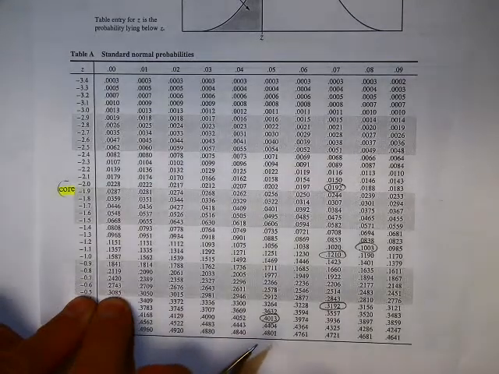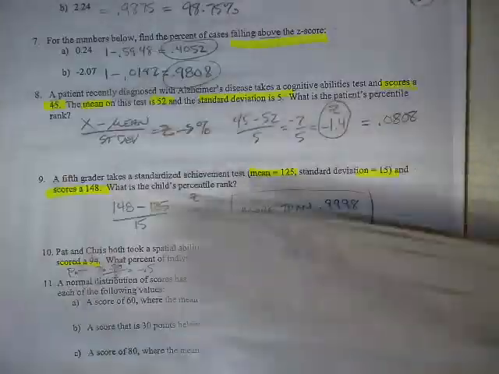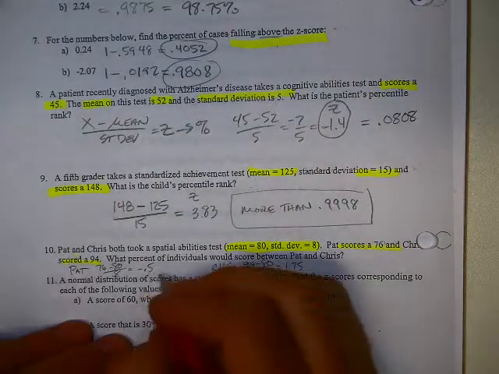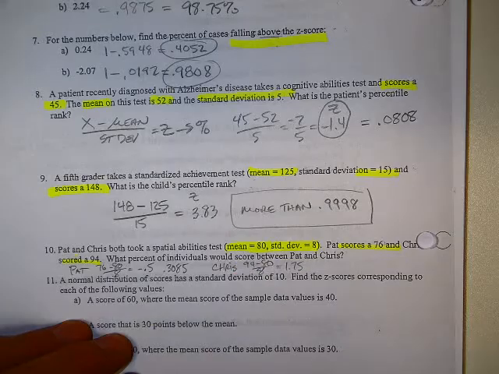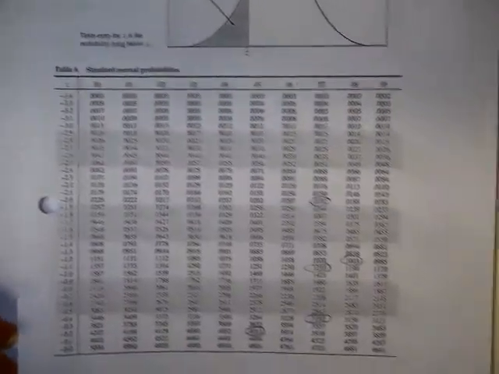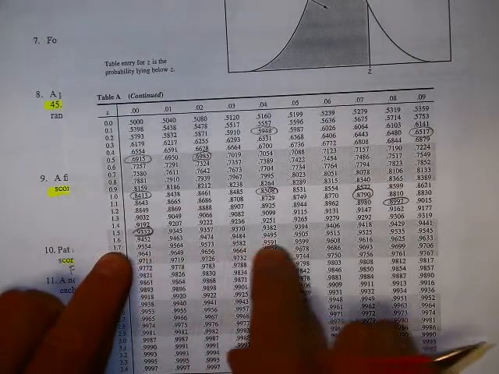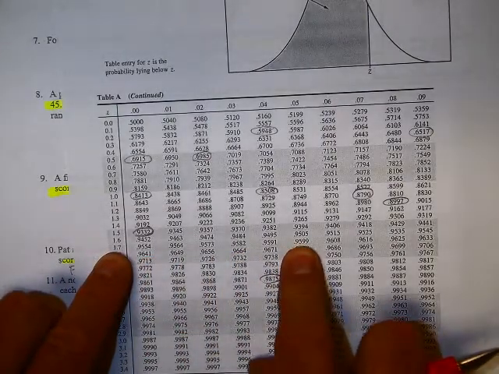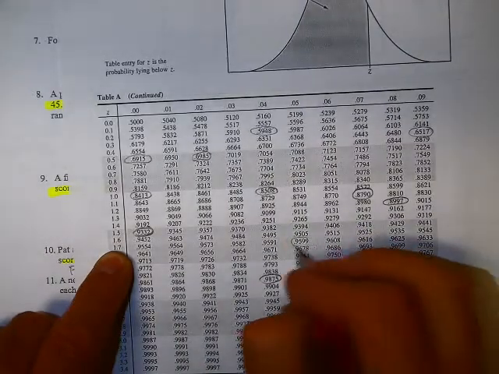So Pat's percentile rank is about the 31st percentile, 0.3085. And Chris, let's say, did quite well at a 1.75. That puts him in about the 96th percentile, 0.9599.